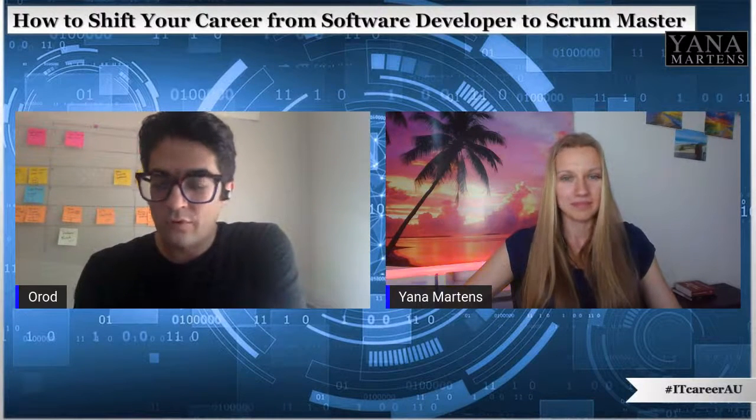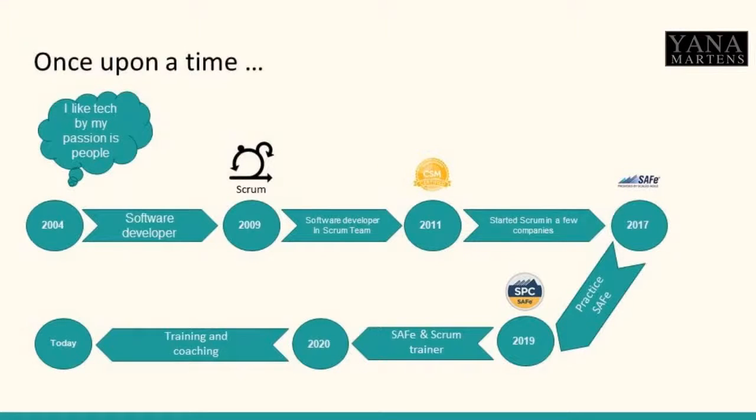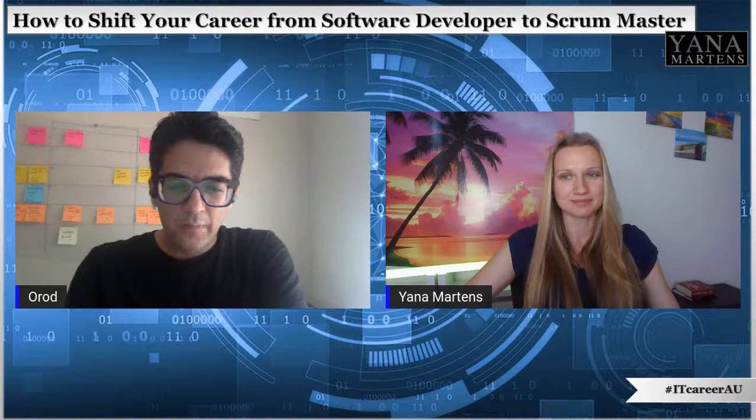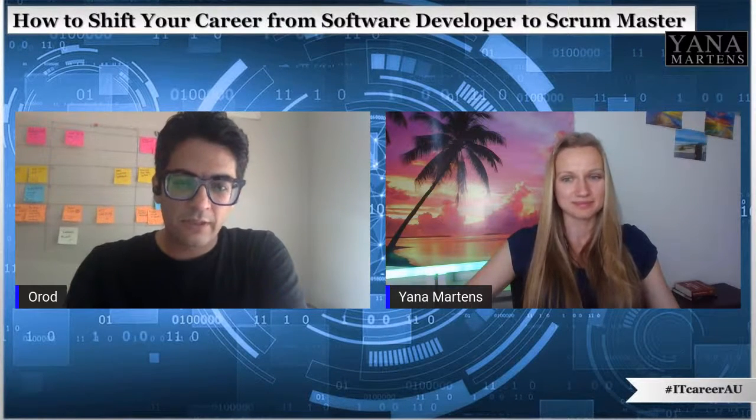question. It's actually back to around 2004 or something. I just graduated from uni. I started my first work as a software developer, and I actually like programming, coding and development. But at that time, I noticed that I like technology, but my passion is humans.